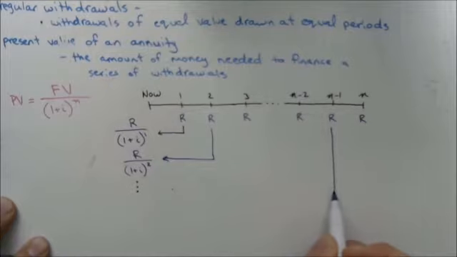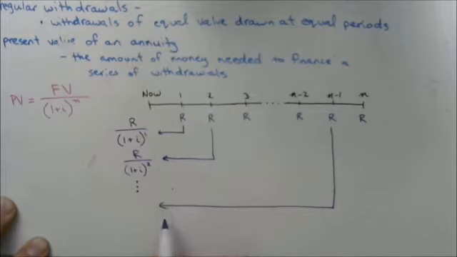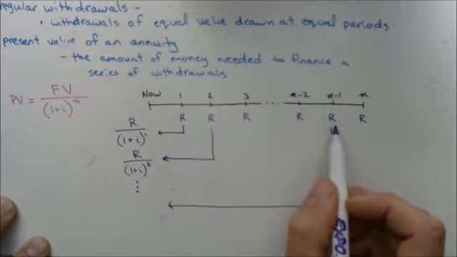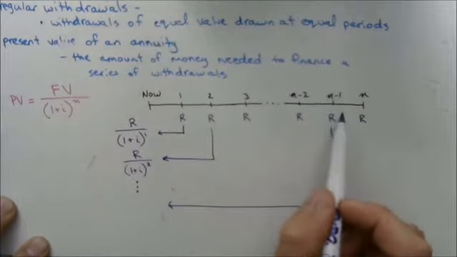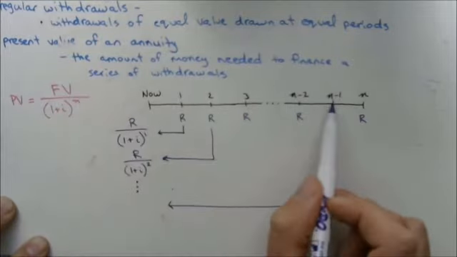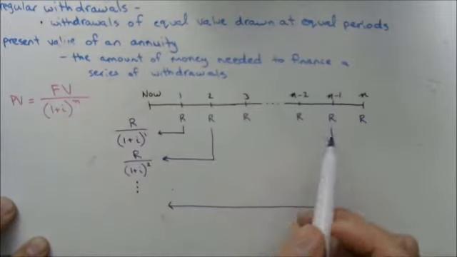And I'm just going to skip a whole bunch and come very close to the end. This regular withdrawal, this amount of money that we take out, $500 let's say, gets compounded a whole bunch of times. So I actually need much less now than $500 in order to take out this specific $500.